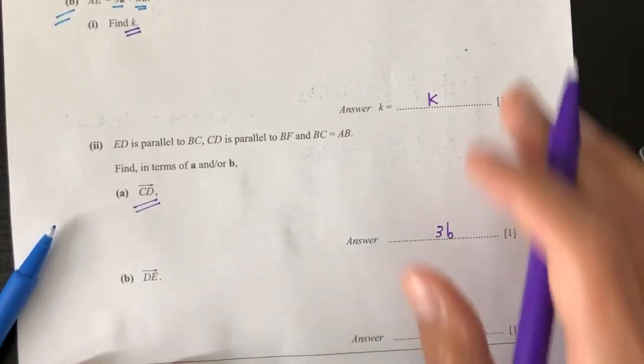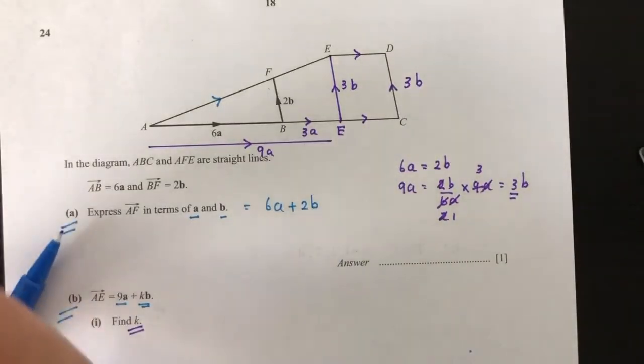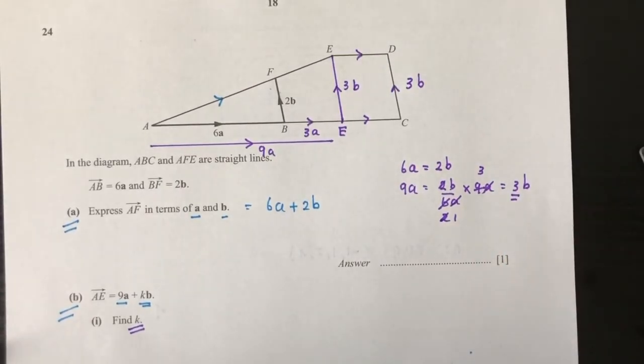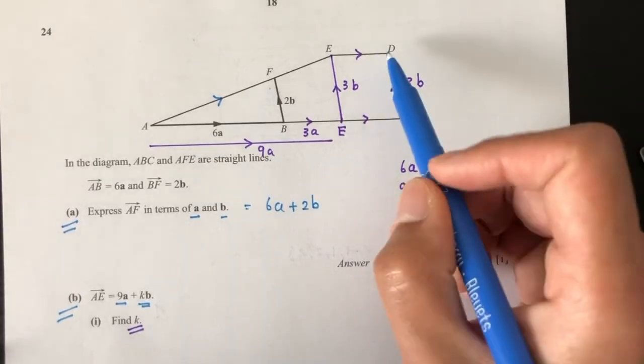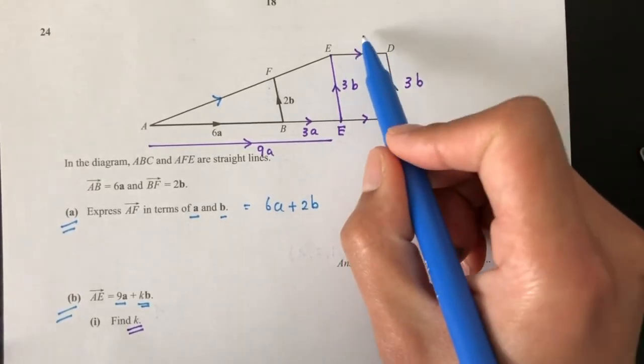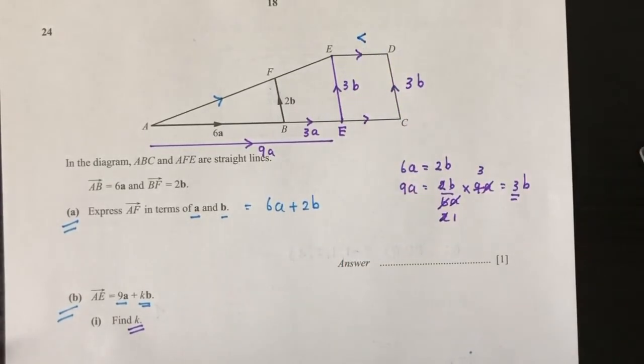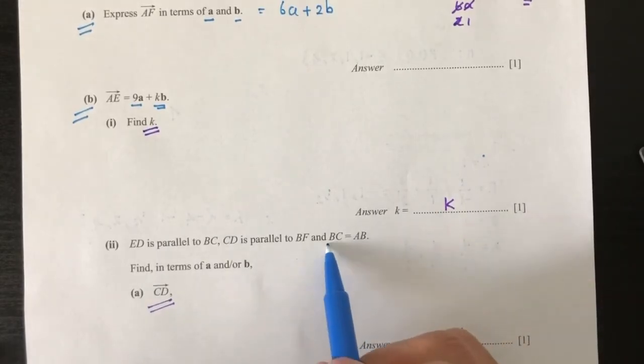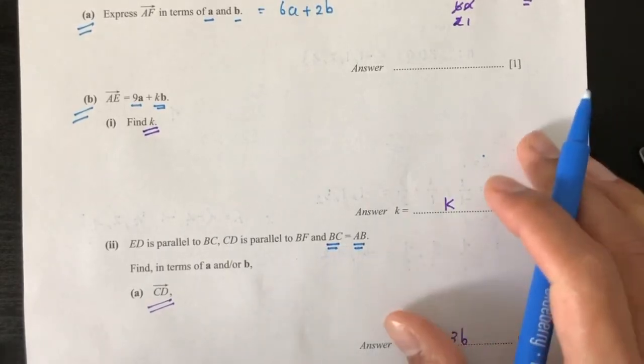Now we have to find DE. Let me see, what else do we have? So DE we have to find in this direction. How would you find that? So you have to observe, right? We have to use some information here that BC is equal to AB.